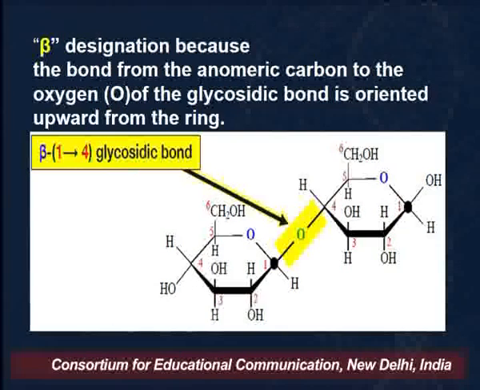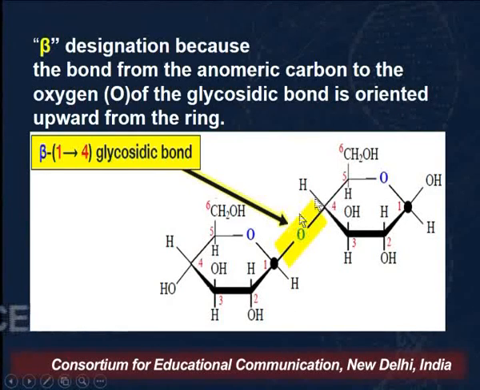As you can see on your screens, I am trying to illustrate again and again what the alpha is and what the beta is. When we talk of the beta form, the linkage is towards the upward direction.